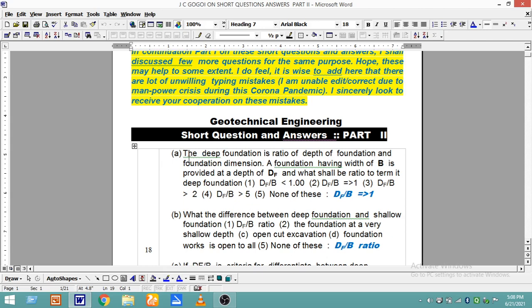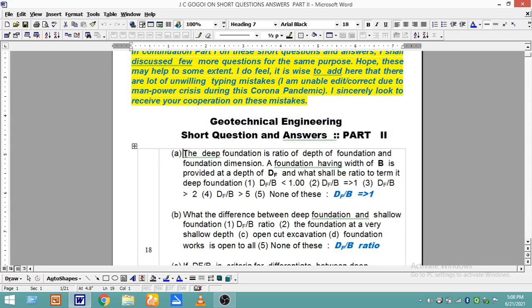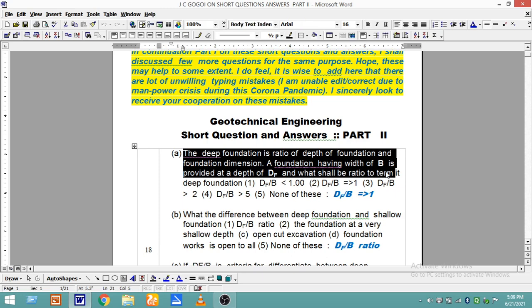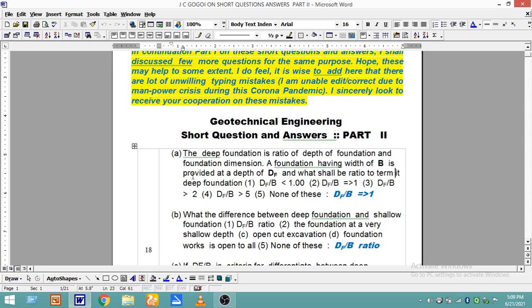First of all, the question is: a deep foundation having a width of B and depth of Df, what shall be the ratio to determine deep foundation?